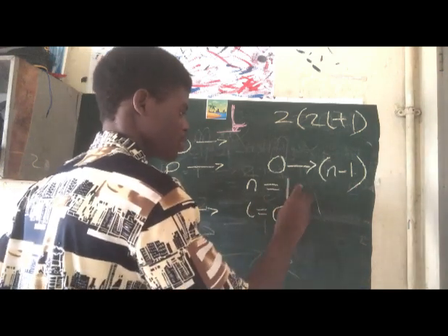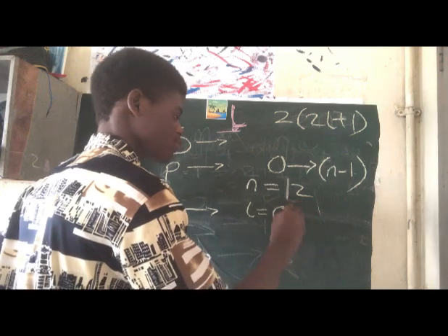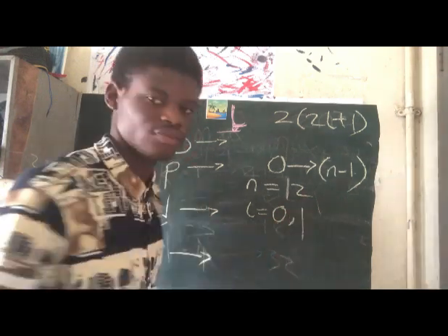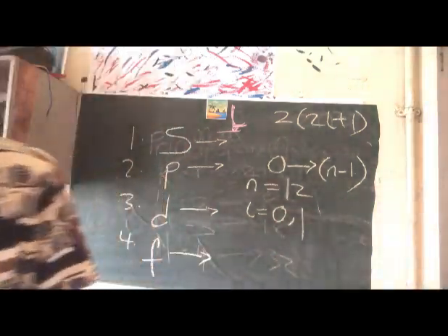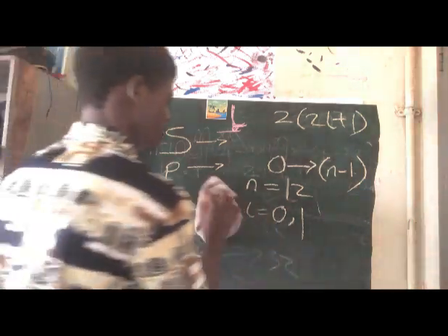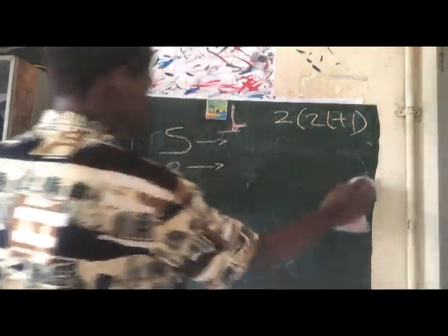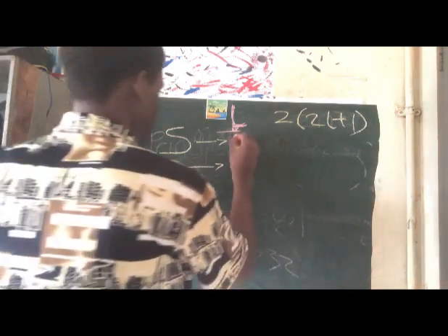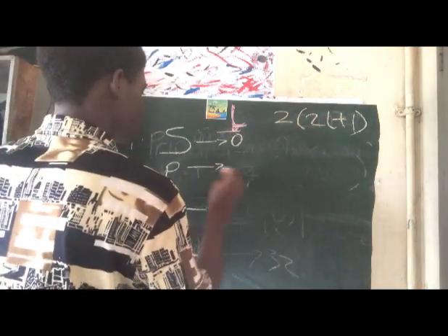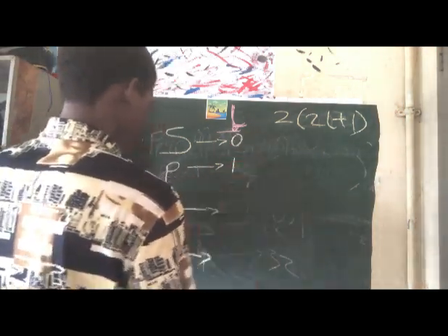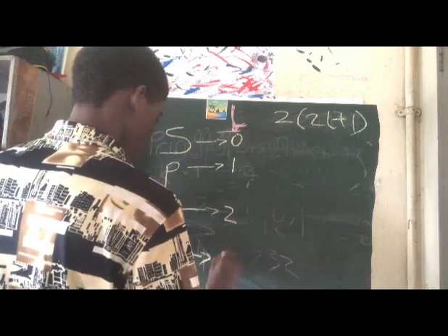If the principal quantum number is 2, the azimuthal quantum number will be 0, 1. So that being said, S will be 0, P will be 1, D will be 2, and F will be 3.